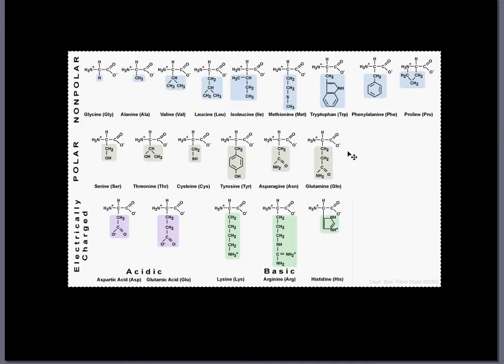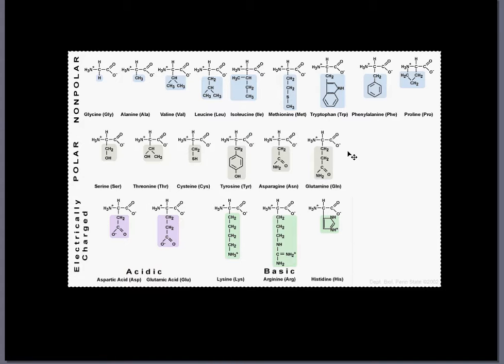Okay, so we have an image here that has the 20 amino acids that are possible. And you can see that, again, the ones that are highlighted in colors, those are your R groups.